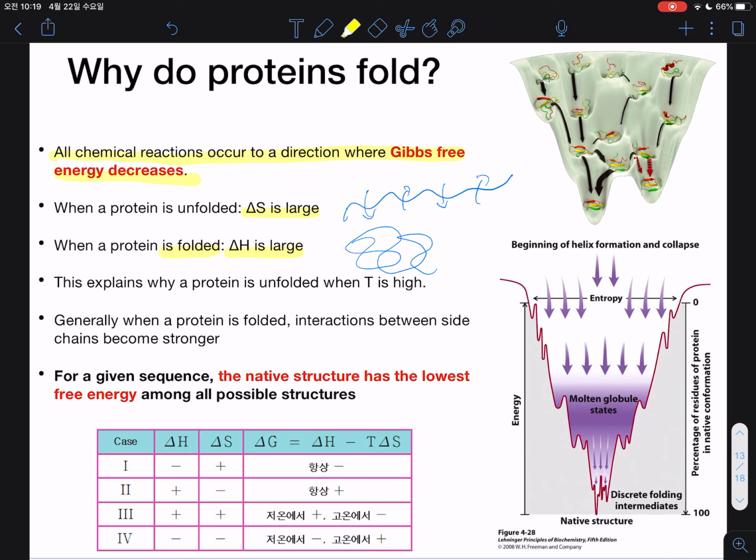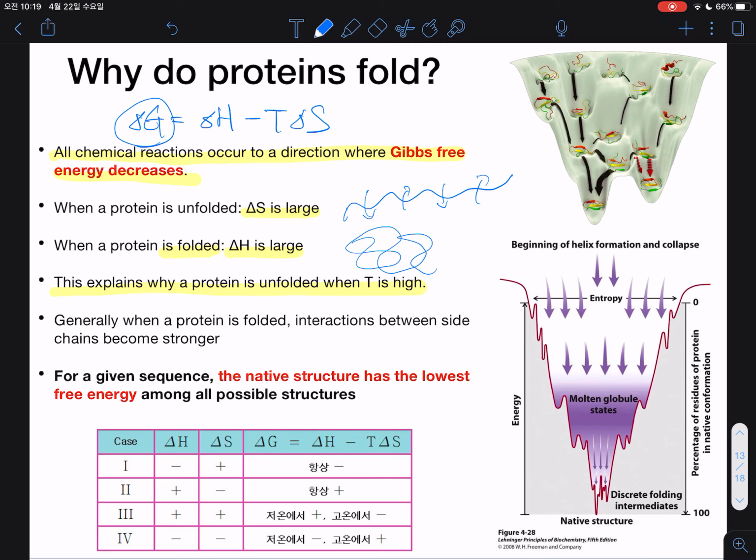So it means that their enthalpy is large. Delta H is large. So this explains why a protein is unfolded when temperature is high. If you think about the equation of delta G, delta G is delta H minus T delta S, right?